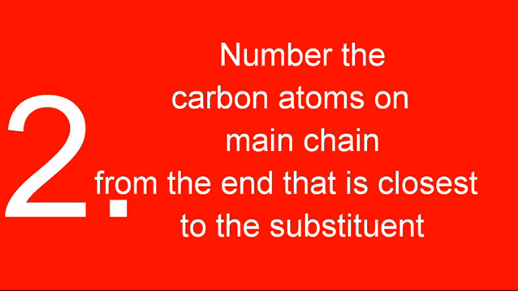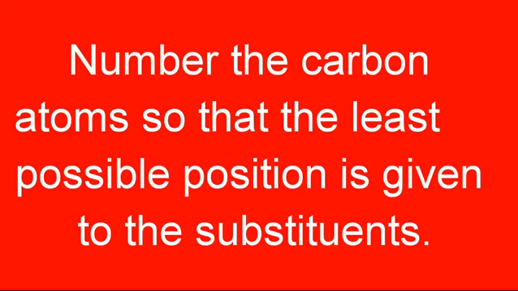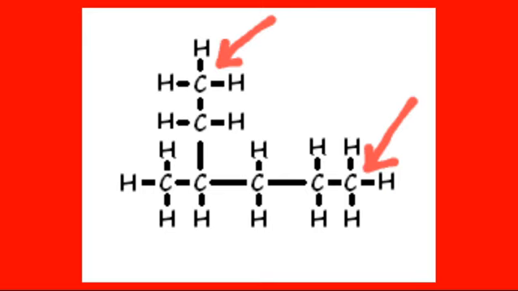Rule number 2. You will number the carbon atoms on the main chain, and your numbering will be in such a way that the least possible number is given to the substituent. What I mean is, there are 2 ends of a chain and there are 2 possible directions for numbering carbon atoms. Only one of these 2 is correct.